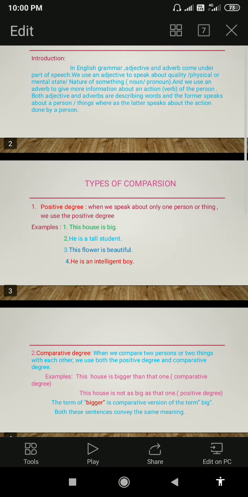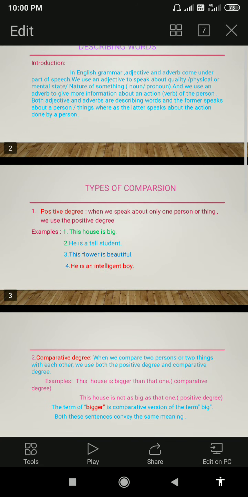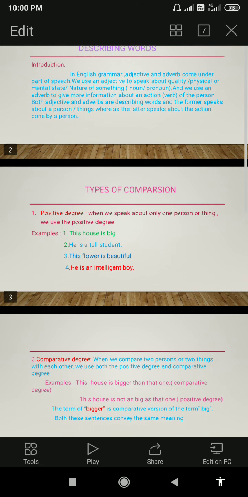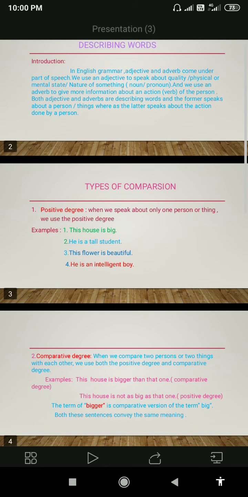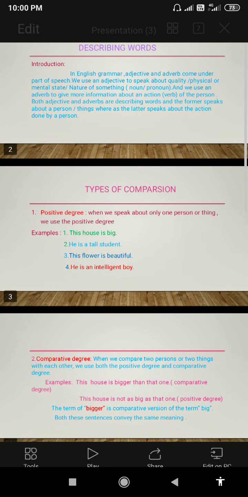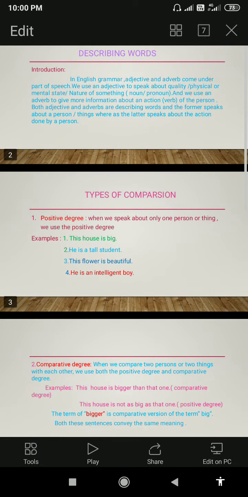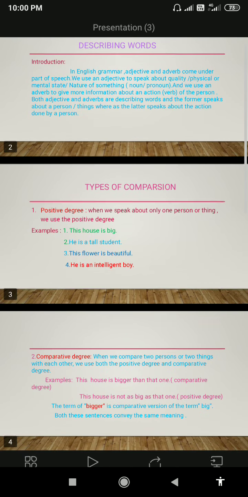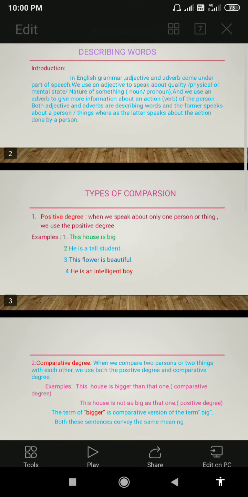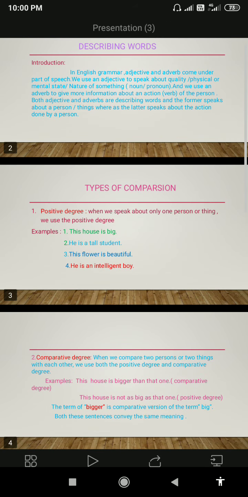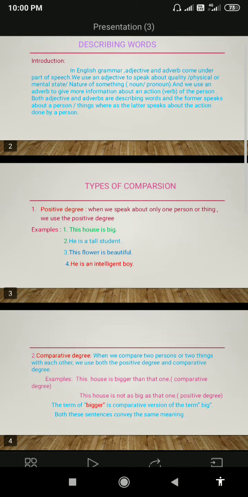So, what are the adverbs here? He worked the sum quickly: quickly is an adverb here. The flower is very beautiful: very is an adverb here. Suppose you observe the third sentence, he pronounced the word quite correctly: correctly is an adverb here.